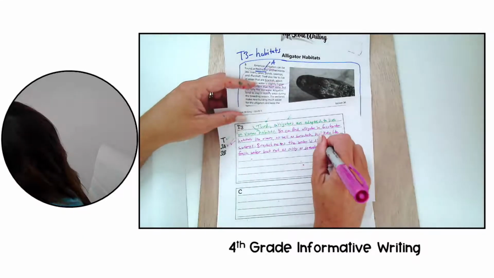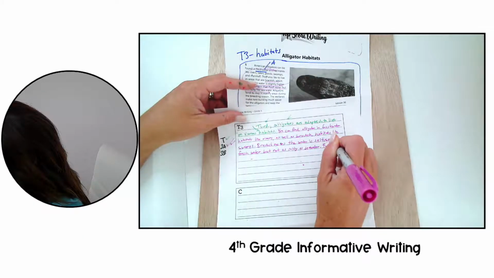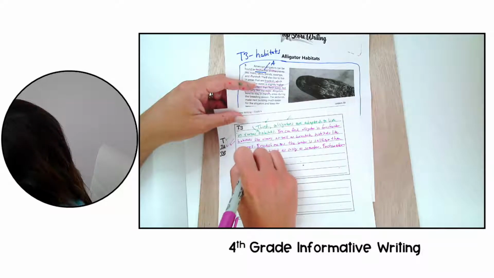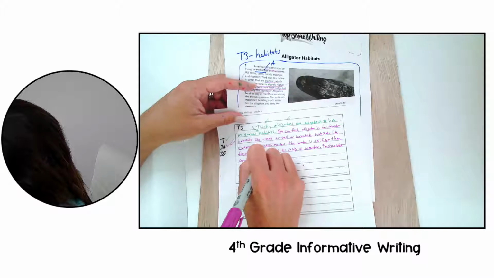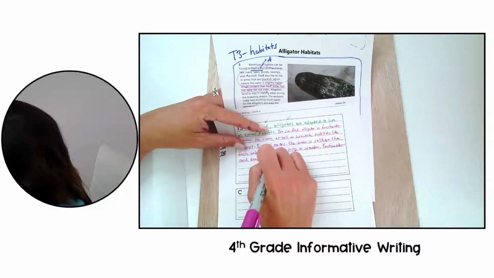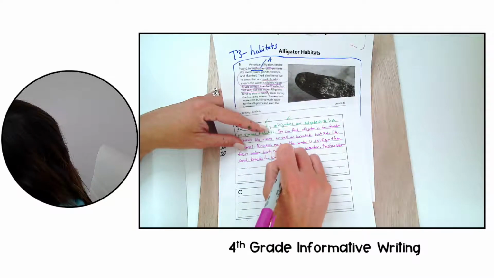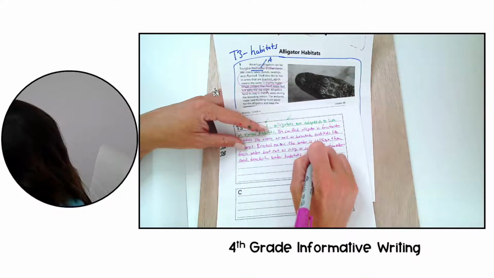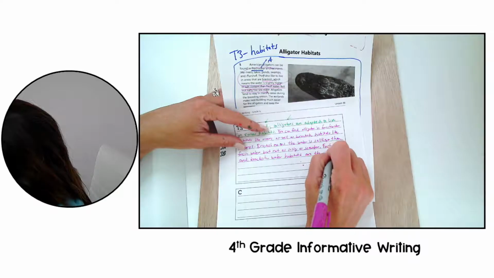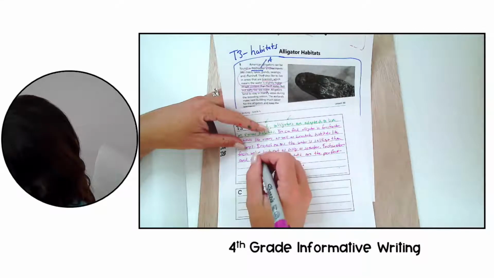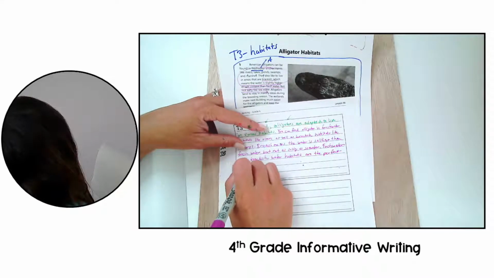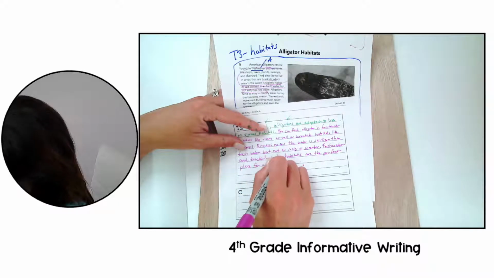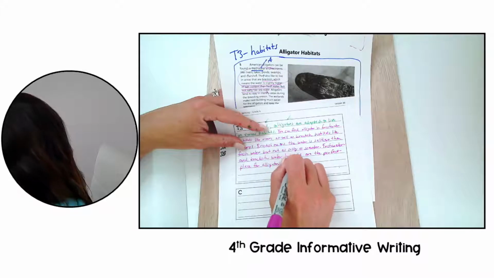I'm going to say, freshwater and brackish water habitats are the perfect place for alligators to live and lay eggs.